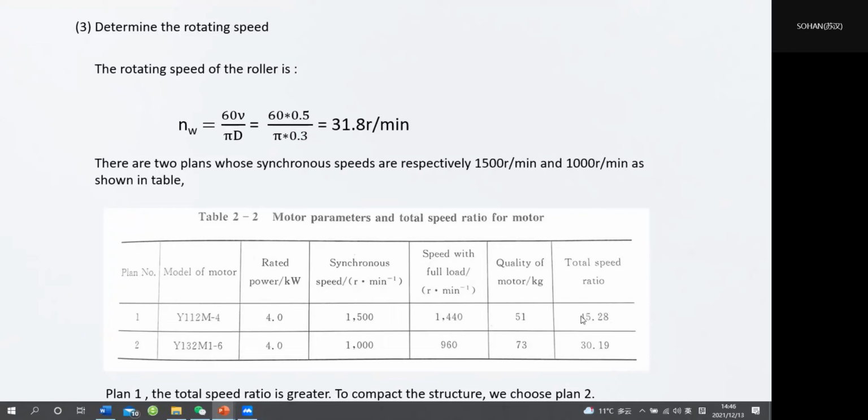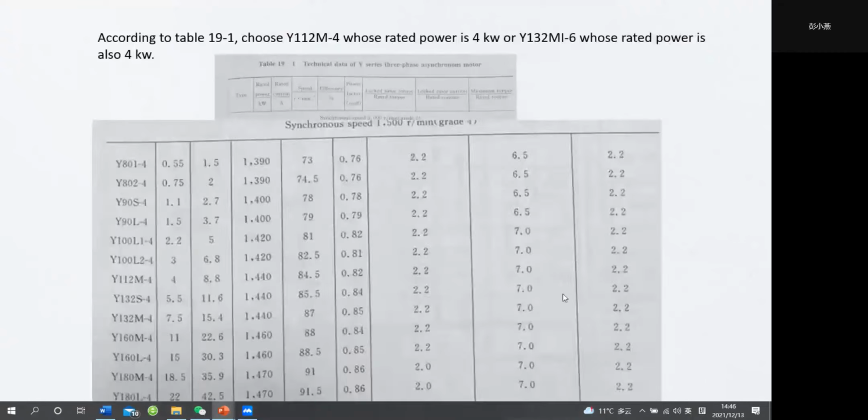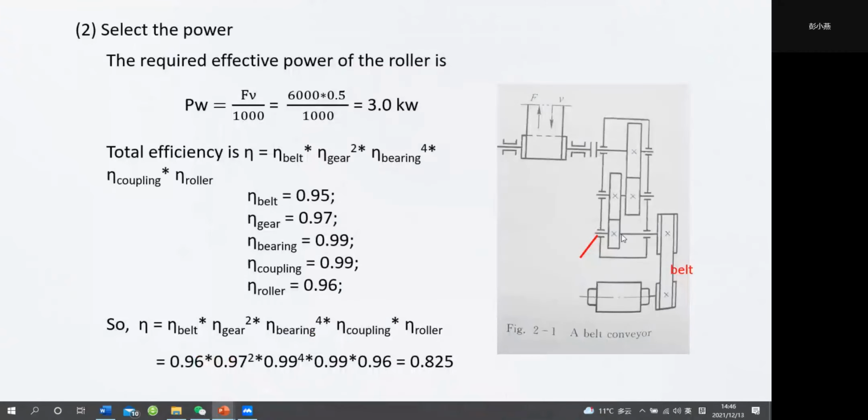Okay, this total speed ratio is too large from the motor to the rotating speed. How do we obtain it?